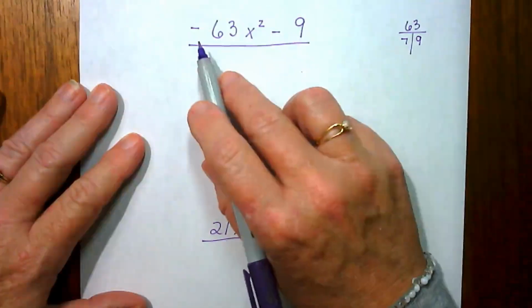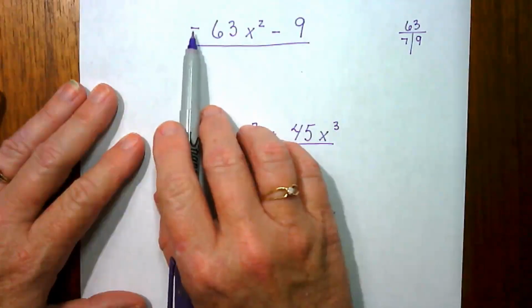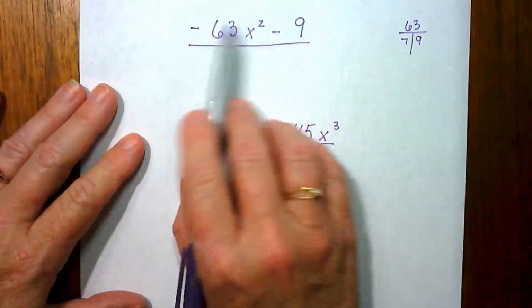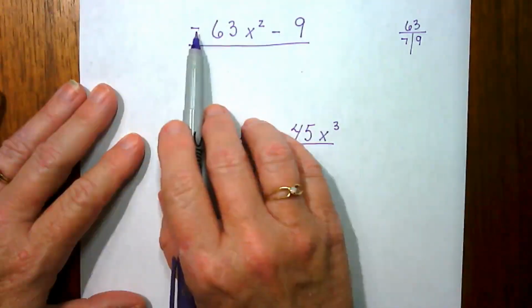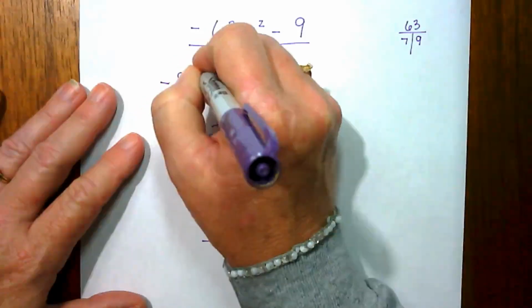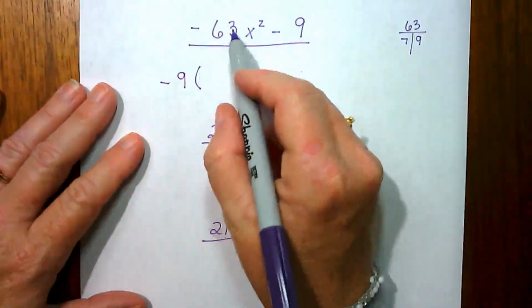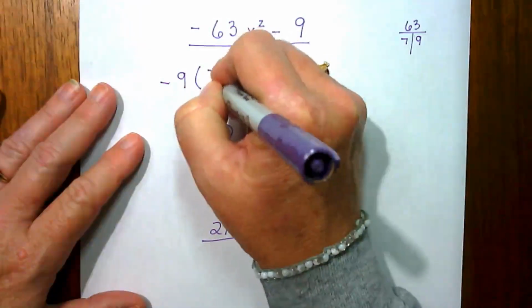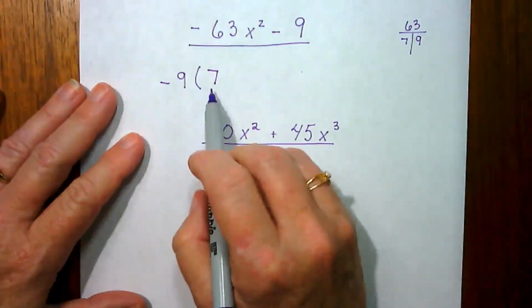So I know a 9 is coming out front. The other interesting thing is I have a minus and a minus. So I'm just going to pull that minus away as well. So I'm taking away a minus 9. So negative 9 times positive 7 gives me 63.